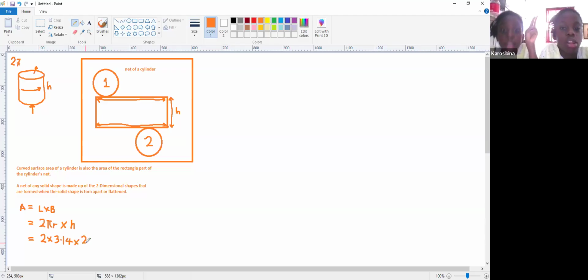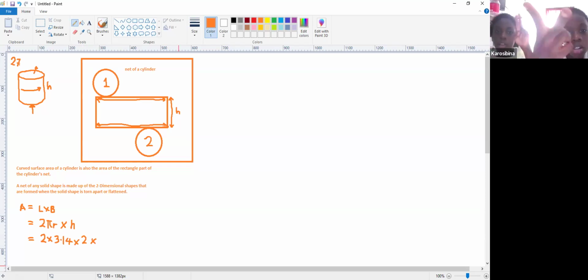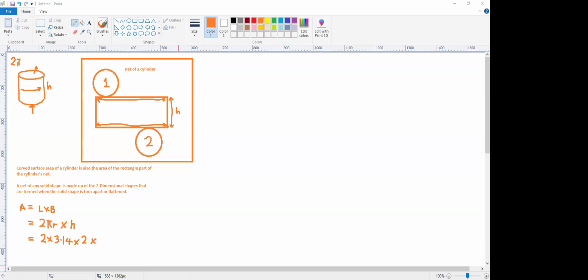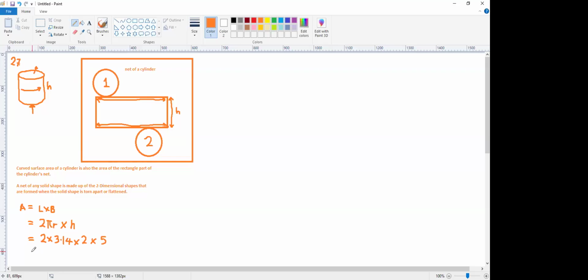So now we're done with the 2 pi r. Let's calculate what's the height. The height is 5. Are we ready to calculate?